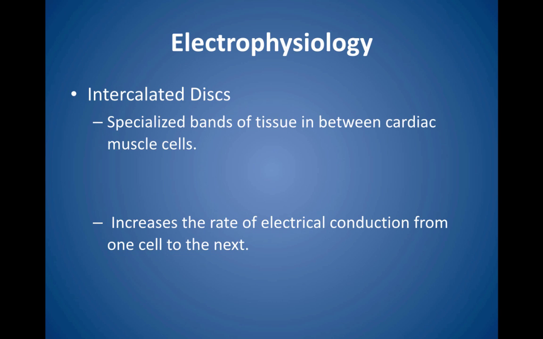Those intercalated discs are special. Between cardiac muscle cells, they increase the rate of electrical conduction from one cell to another. It's so important to have that continuity from the SA node all the way through the atrial and ventricular septum, then through the apex, and the outer portion of the myocardium for both ventricles.